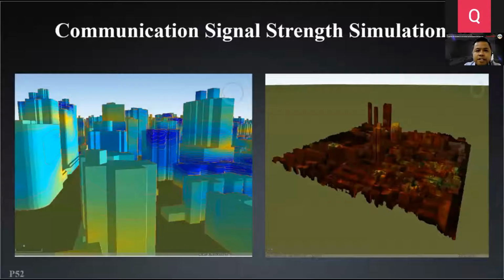Okay, this is another example using the voxel grid to achieve visualization of invisible continuous space data, such as communication signal strength.